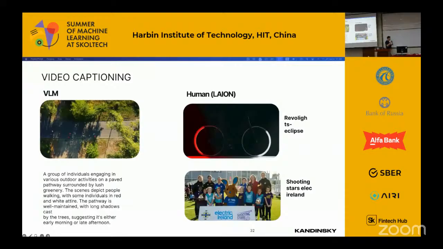Of course, you can take an artist and give him a task to describe the video and the image in detail, and he will write a better caption than the model. But in terms of average people, the model writes much better captions. So that's the first part. About the synthetic image and video, that is your question, yes? Yes.